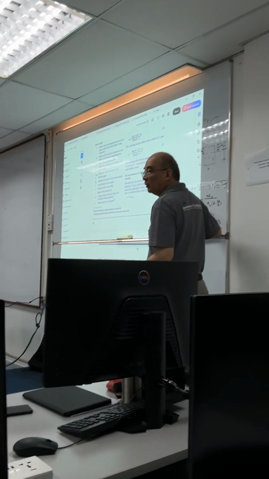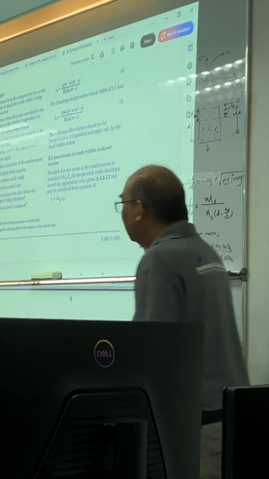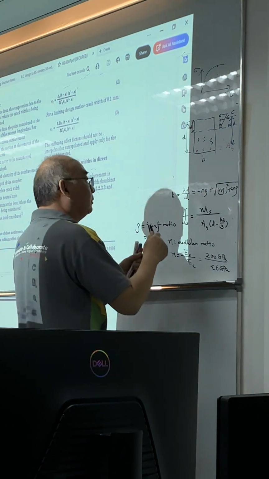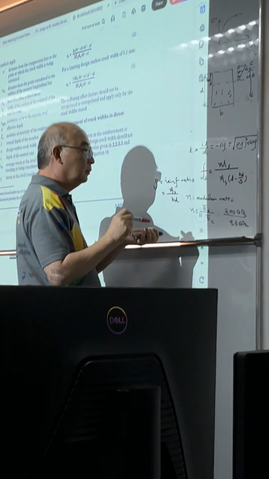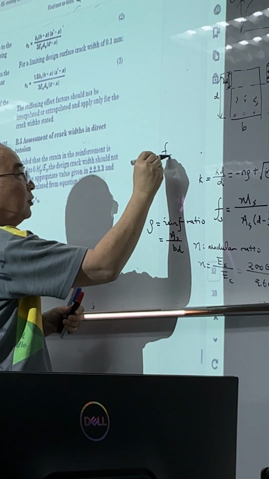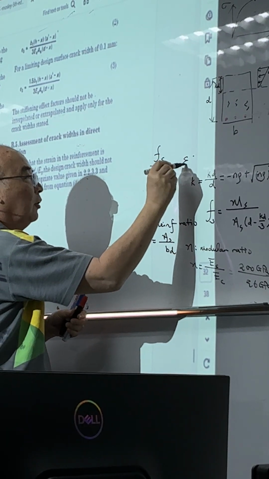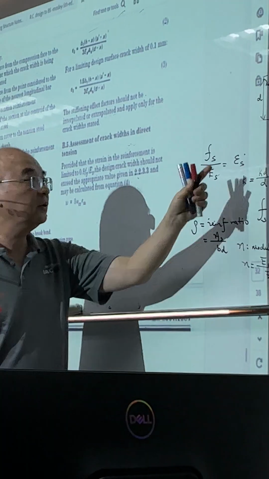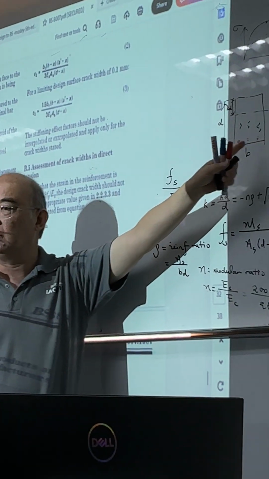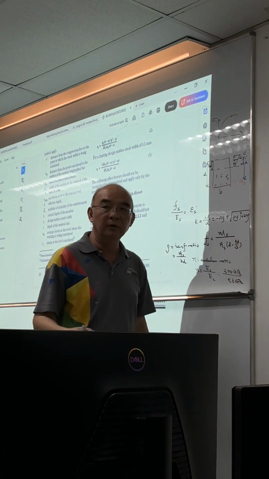Over here, we have calculated the rebar stress, right? The rebar stress divided by Es will give you the epsilon s, that means the strain in the steel. From the stress in the steel, we have the strain in the steel, right?